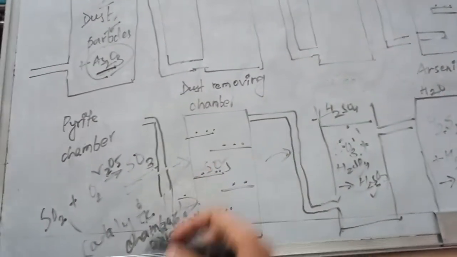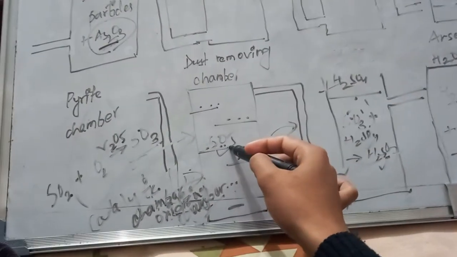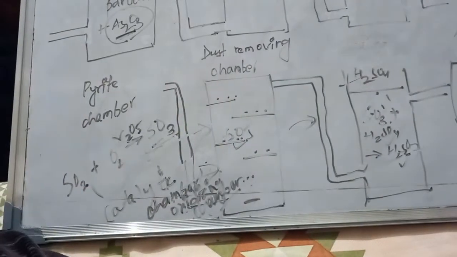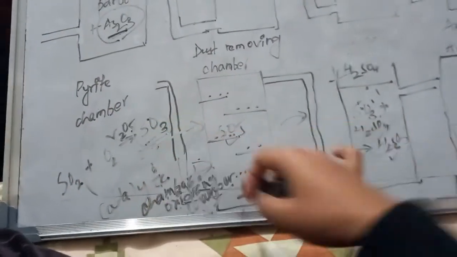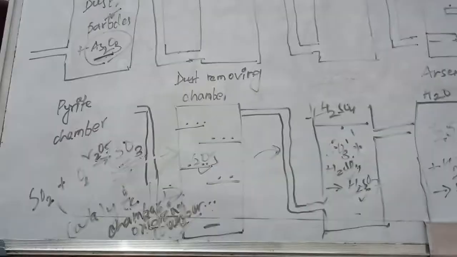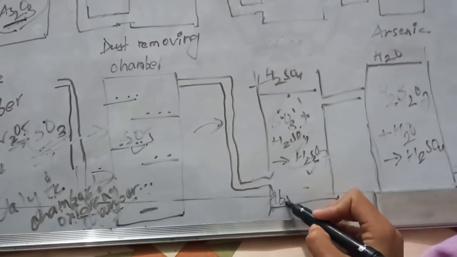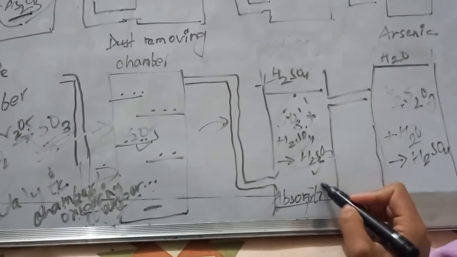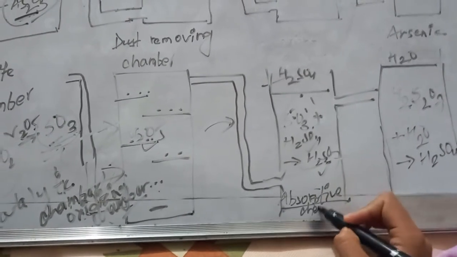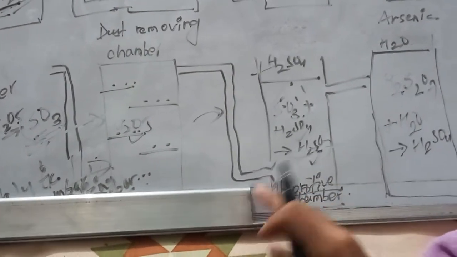What did we do? We reacted this SO2 with O2 to give SO3, then we got SO3 in a new chamber. We can term this chamber the absorptive chamber.